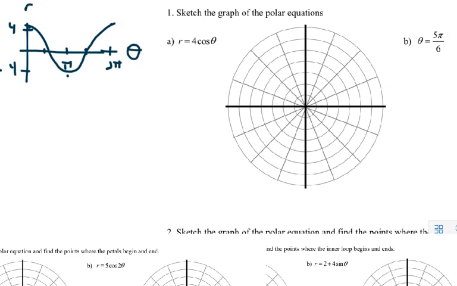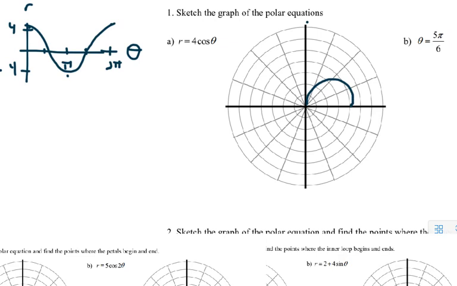I'm going to go over here to my polar grid and here's my angle measure 0. I'm going to plot a point at 4. Okay, so angle measure 0, we're at 4. Then at angle measure pi over 2, and this is pi over 2, we're back at 0. And we want to make the graphs kind of plump looking.